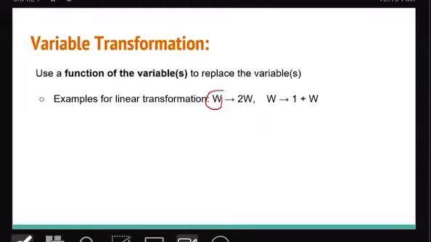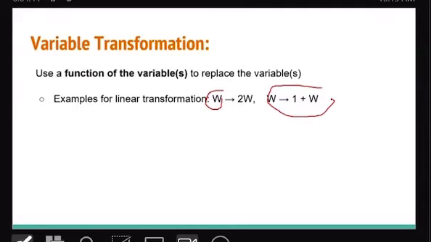When you multiply a variable by a constant, that's a linear transformation. Or, if you take a look at this here, I'm no longer using W because W is problematic, and I'm only adding 1 to that. Or I'm subtracting. These are examples of a linear transformation.